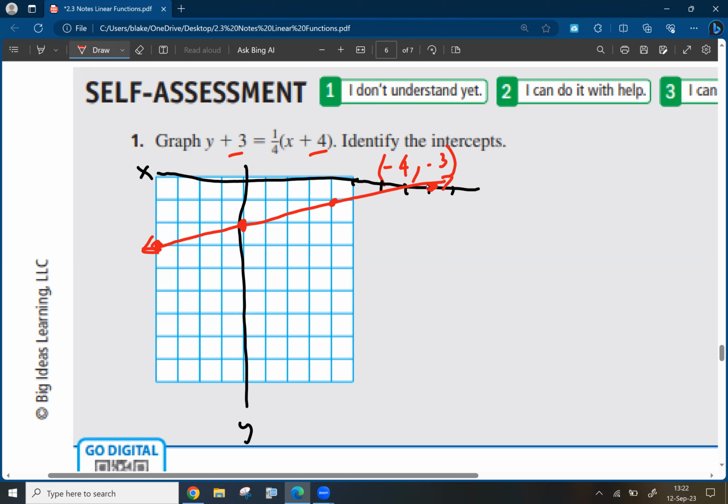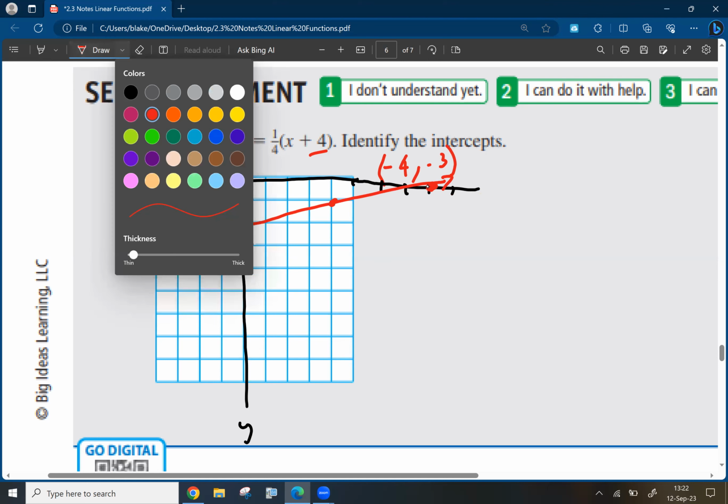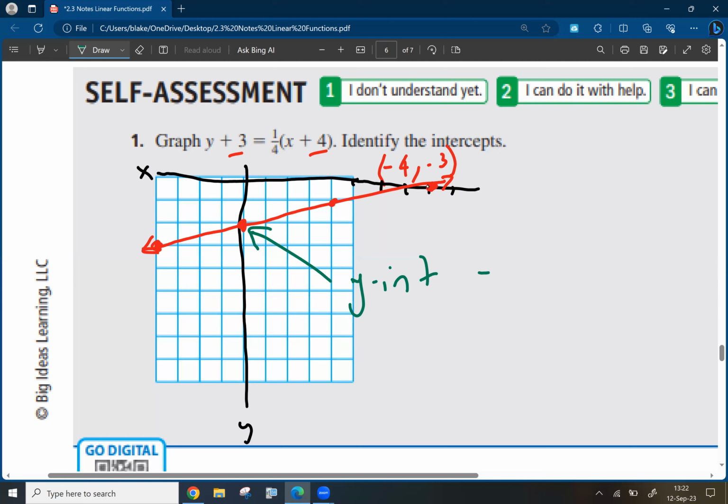So my y-intercept, as you can see, let's indicate a color here. My y-intercept is at -2. And my x-intercept, let's count this, is at 1, 2, 3, 4, 5, 6, 7, 8. X-intercept is at x equals 8.